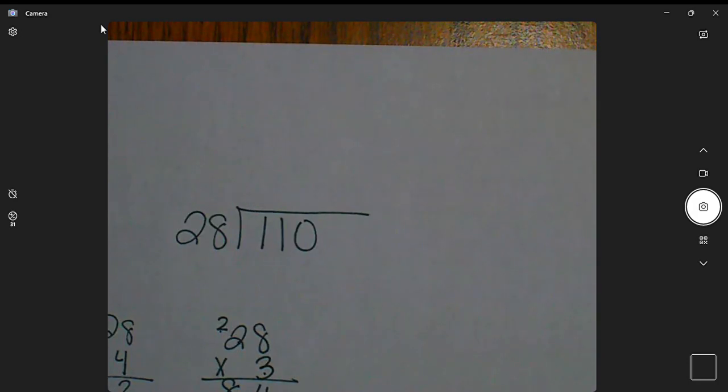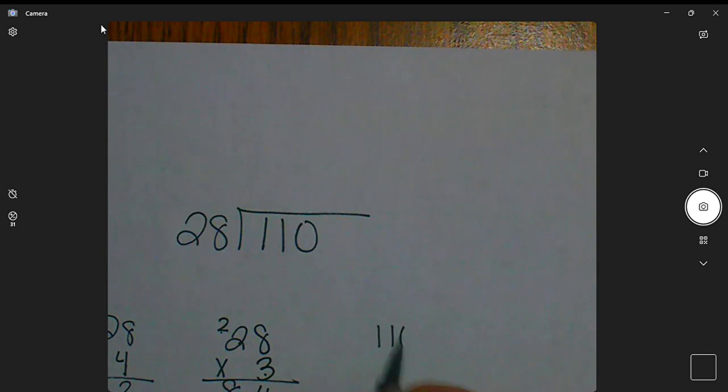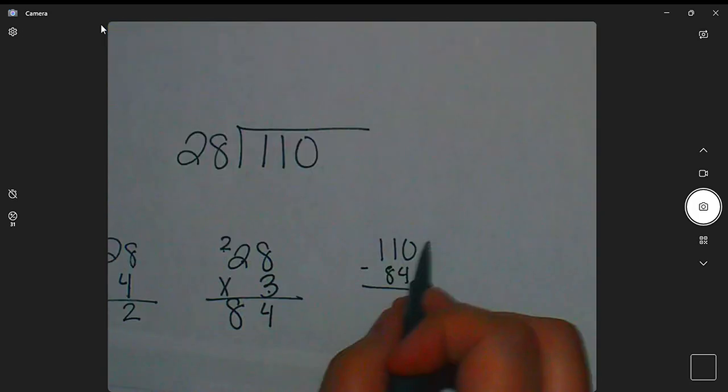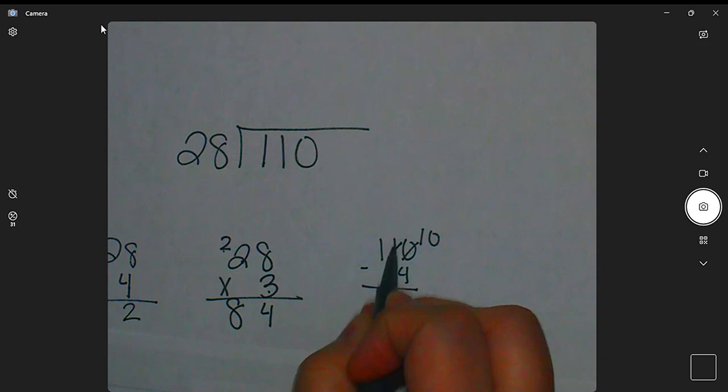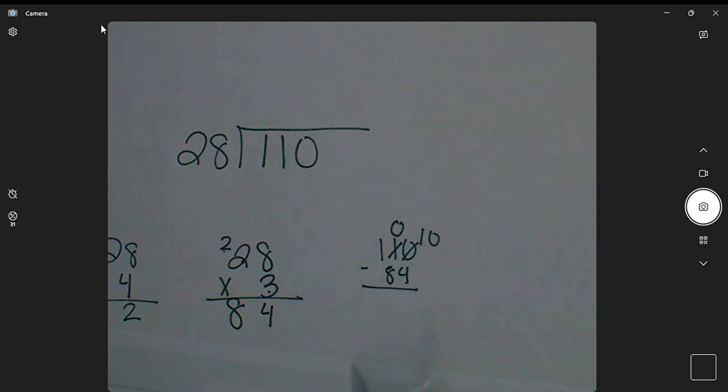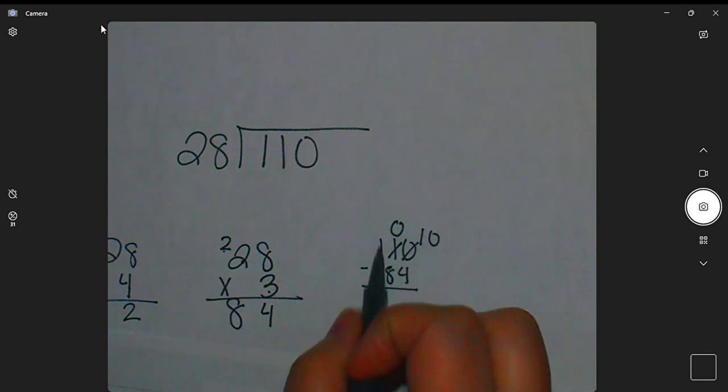And I know that 110 minus 84. Can I get 4 from 0? Nope. I have to go next door, ask for more. So this will become a 10. 1 becomes a 0. Can I get 8 from 0? Nope. Have to go next door, ask for more.